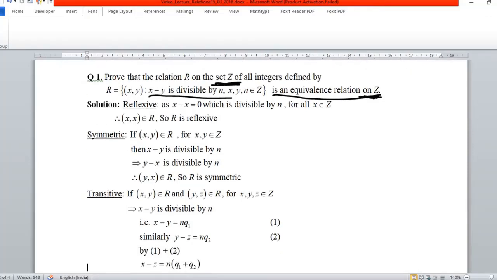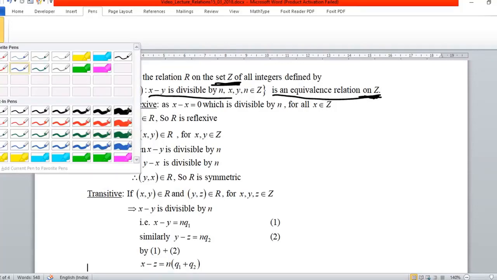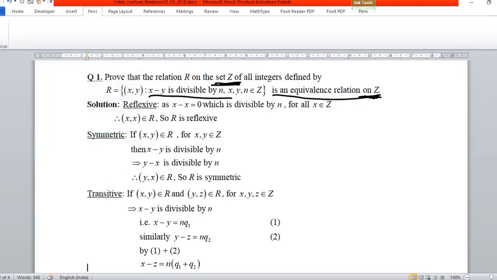So we are going to start with the first type of the relation. Let us check whether R is reflexive or not. For reflexive, we need to check that all the doublets (x, x) are present in this relation R. According to the definition, x minus y is divisible by n.